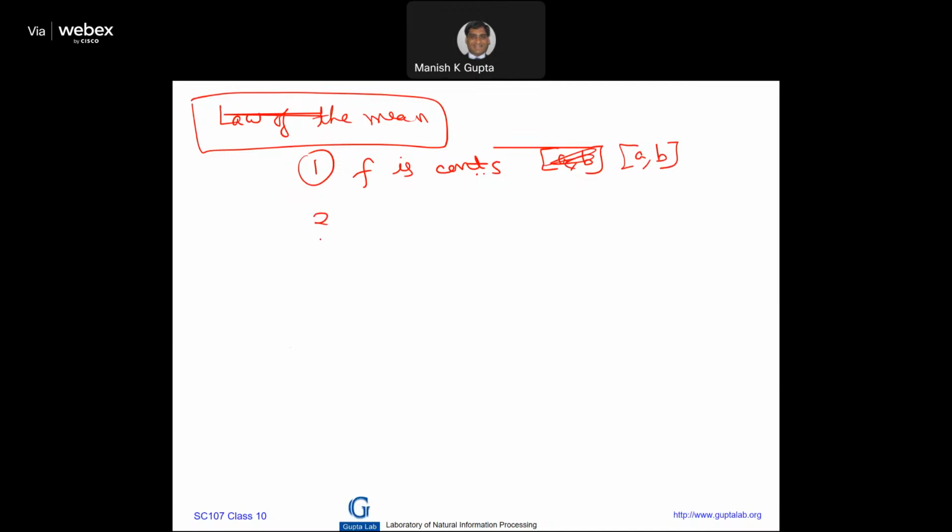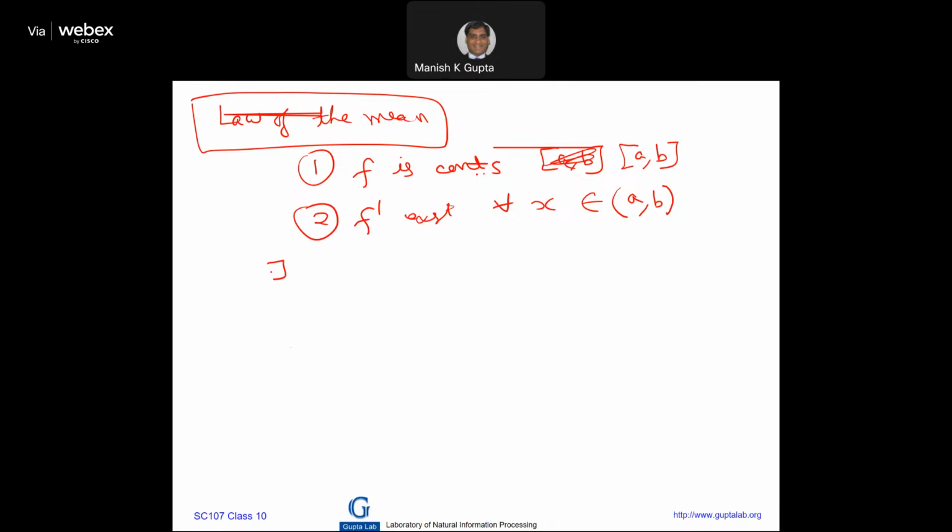And second property, the derivative exists for all x in the open interval a, b. It is differentiable. So the function is continuous on the closed interval a, b, and the derivative exists for all interior points except the endpoints.